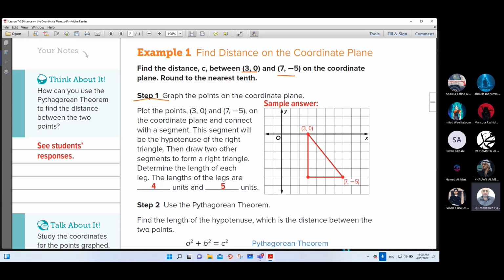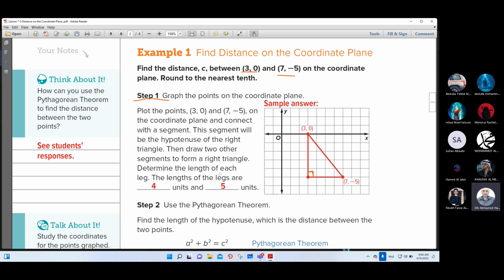The segment will be the hypotenuse of a right triangle. We can find the third point to create, with the previous 2 points, a right triangle with this segment as the hypotenuse. So this here is a right triangle, and this side is opposite the right angle, so the name of the side will be hypotenuse.